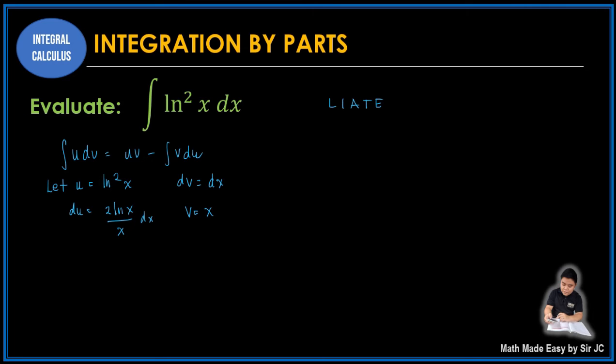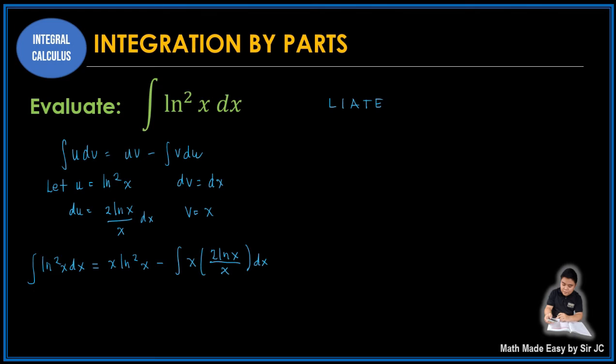So we substitute: the integral of ln squared x dx equals u, which is ln squared x, times v, which is x, so x ln squared x minus the integral of v times du, which is x times 2 ln x over x dx.